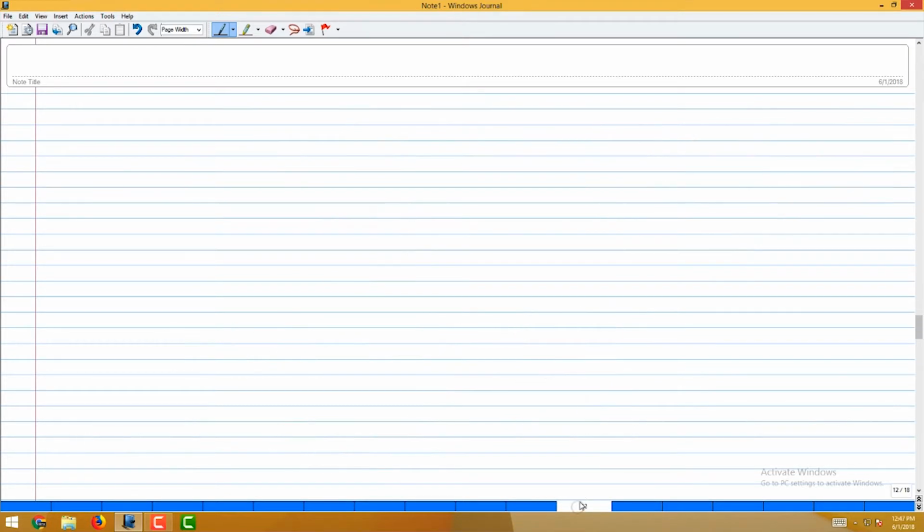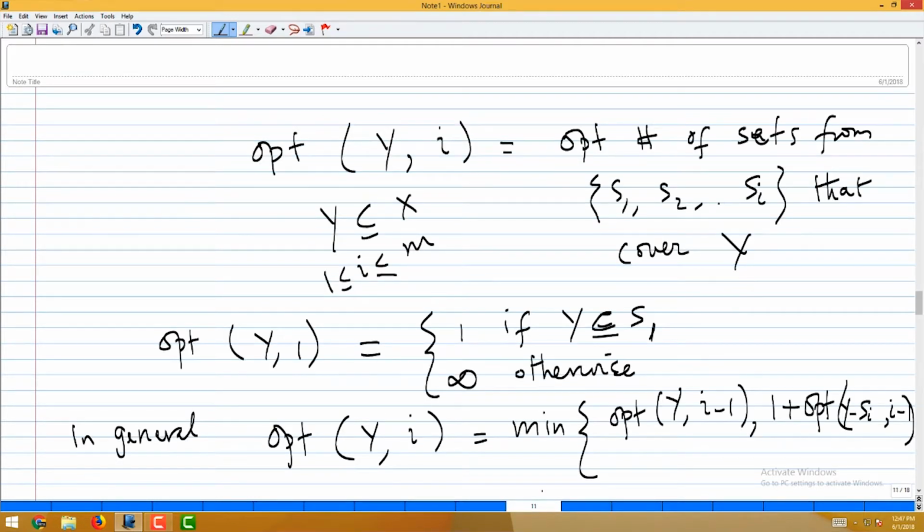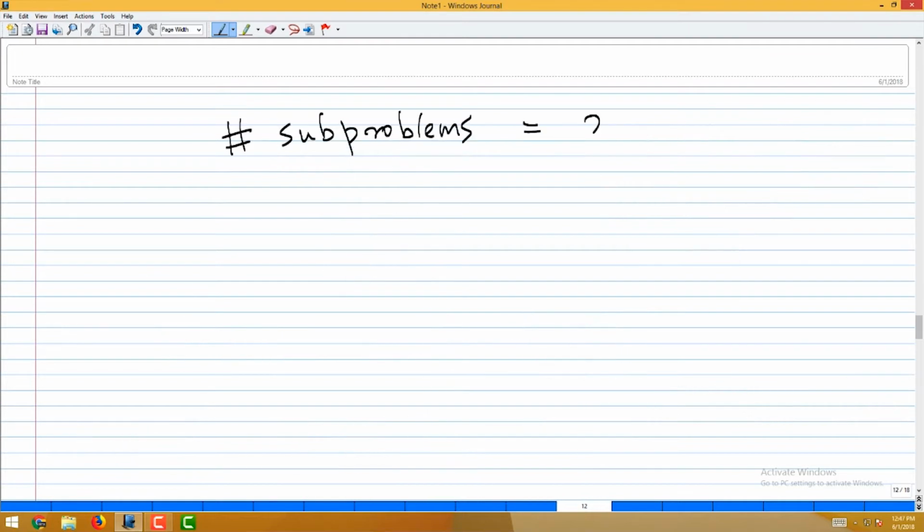So, overall running time, let us compute the number of subproblems. These are the subproblems I am computing. So, how many? 2 power n times m, and time for each problem.